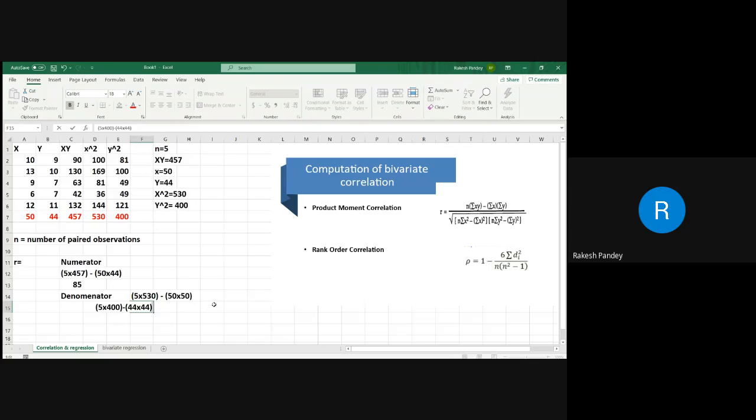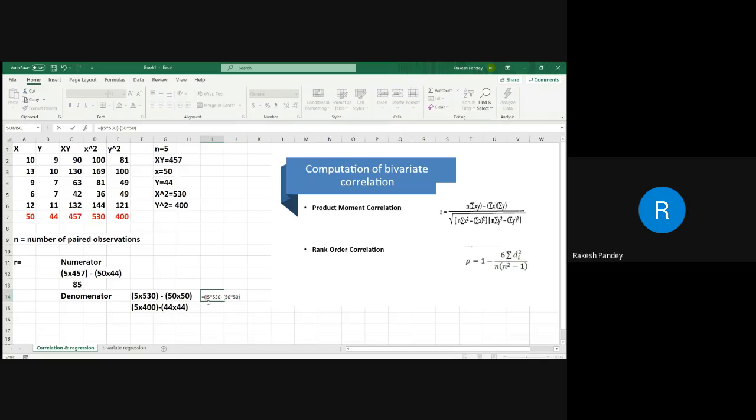So if we are doing this computation, I will put an equals sign, one bracket, then another bracket, 5 into 530, bracket closed, minus 50 into 50, and then bracket closed.